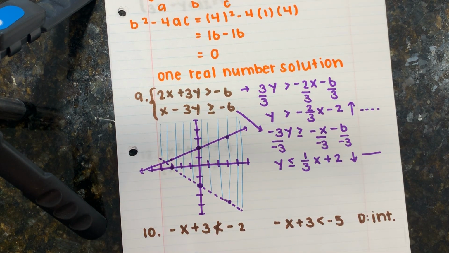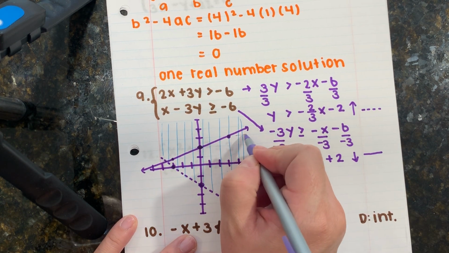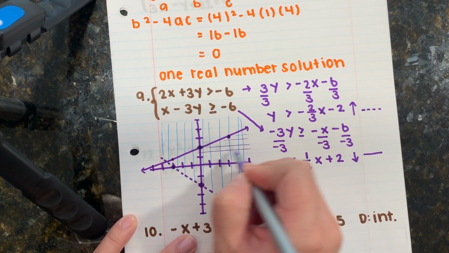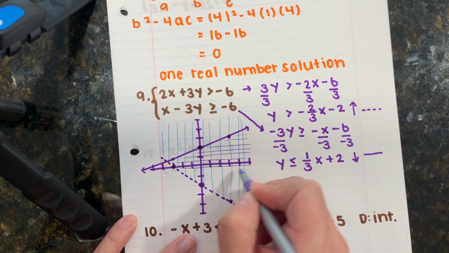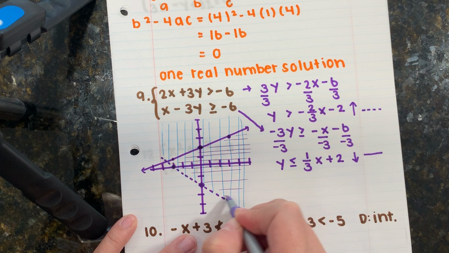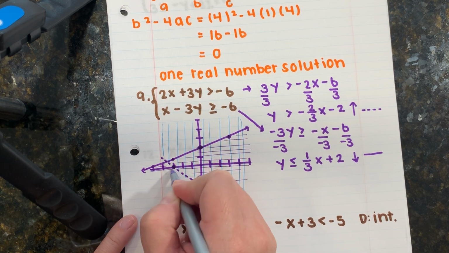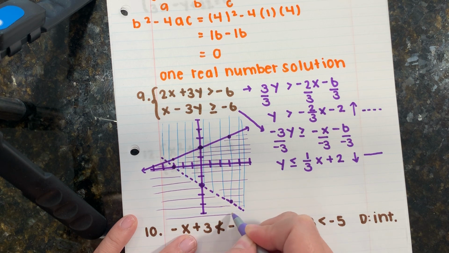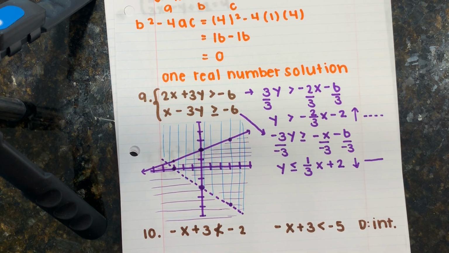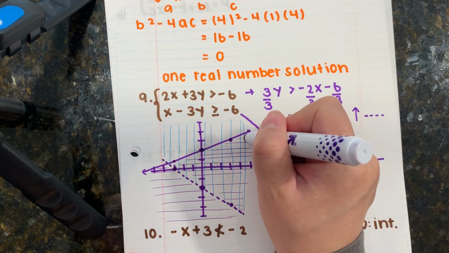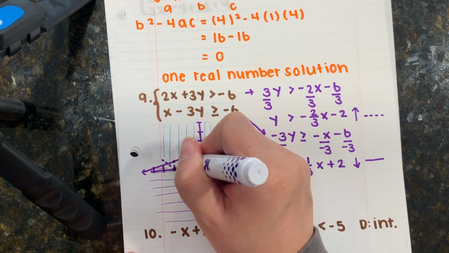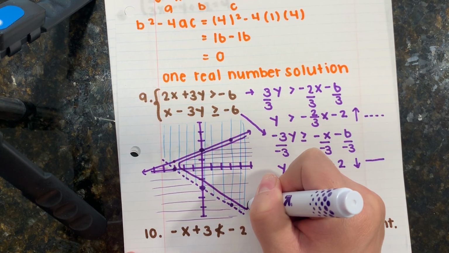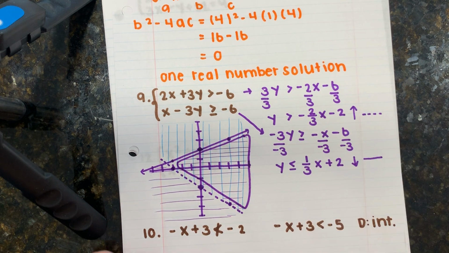And then I'm going to shade everything below the solid line. But remember, your answer is just going to be the portion that's shaded by both. So on this one, it's going to be the portion that's below the solid line but above the dotted line. And that would be your answer.